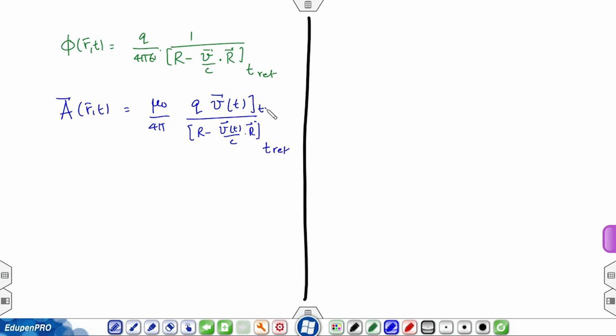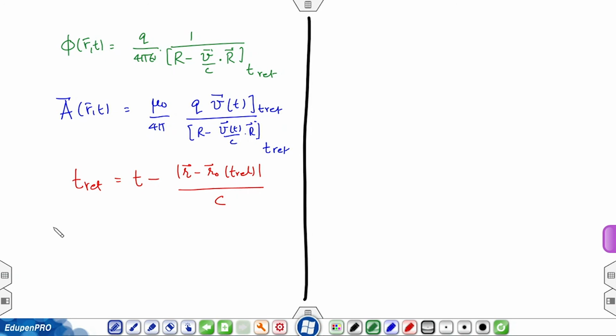This is also at t retarded, where t retarded is determined by t retarded equals t minus r naught t retarded divided by c.